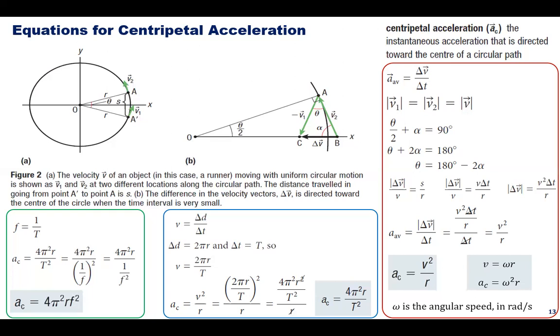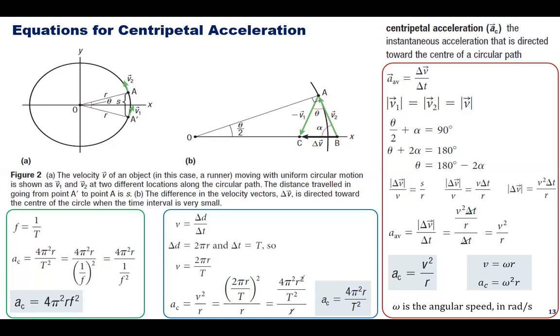Figure 2a shows a runner's velocity vectors at 2 nearby positions, which are A prime and A. Figure 2b shows the corresponding change in velocity delta V over a short time interval delta T.